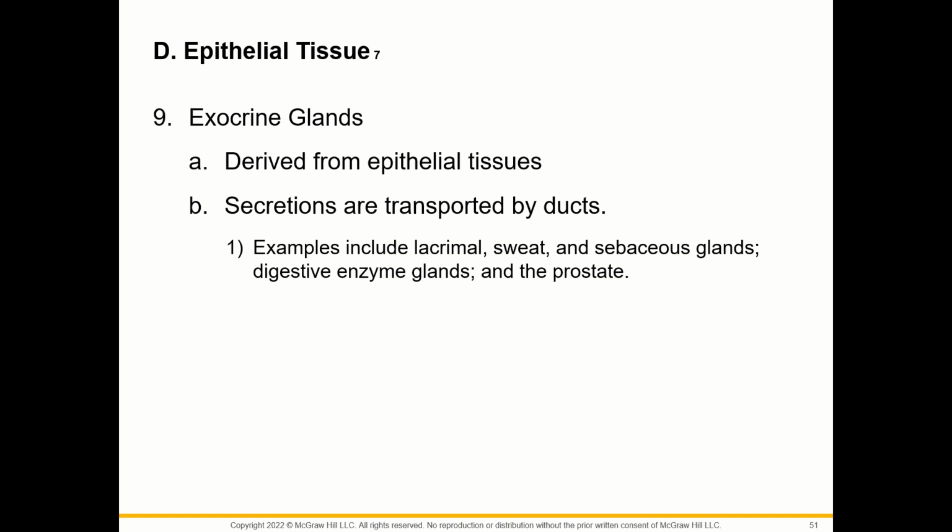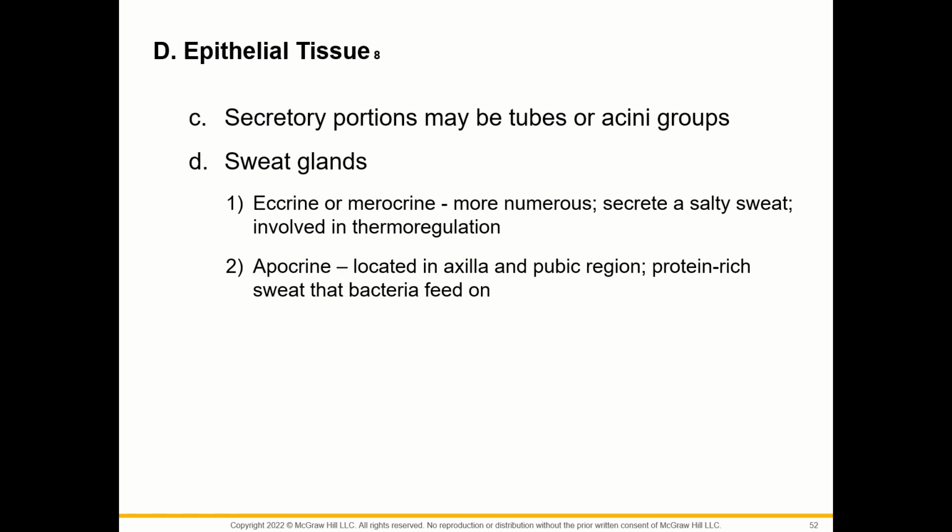And so the things that the exocrine glands are carrying through their ducts are like the lacrimal secretions, which are your tears, sweat secretions, sebaceous glands, which are oil, digestive enzymes, and the prostate, which helps to finish forming the sperm into semen.